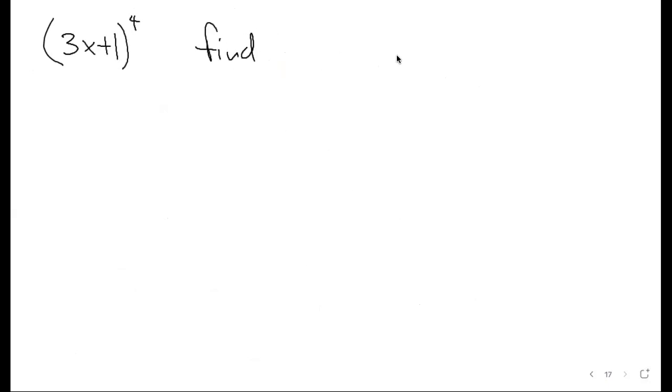Find the second term here. Okay. So I know that the second term, that's the 1 plus 1th term.